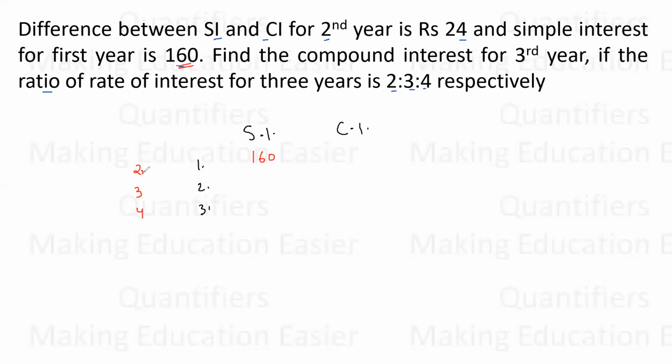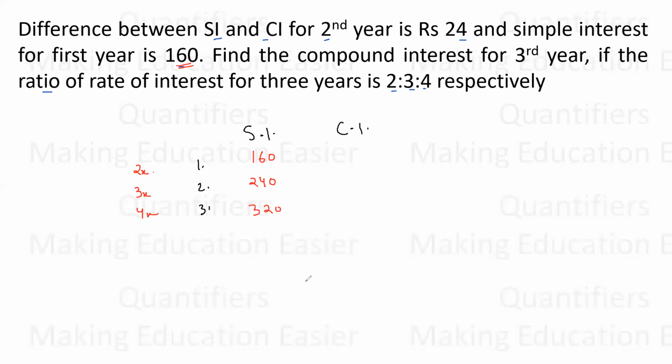Basically, you can say if here the rate is 2x, here the rate will be 3x, here the rate will be 4x. Now students, if the ratio is 2:3:4, we can definitely say that simple interest will be in the same ratio 2:3:4. So I can say that this will definitely be equal to 240 and this will be equal to 320. Okay, students, I hope no one has any doubt till here.